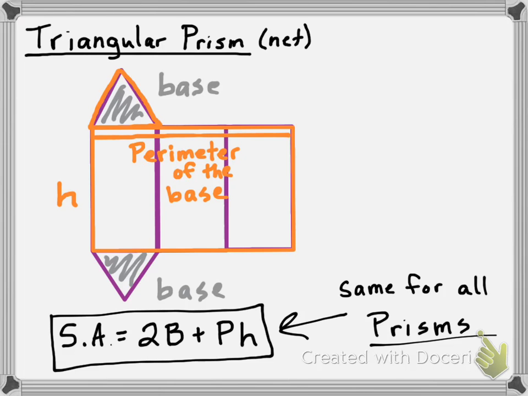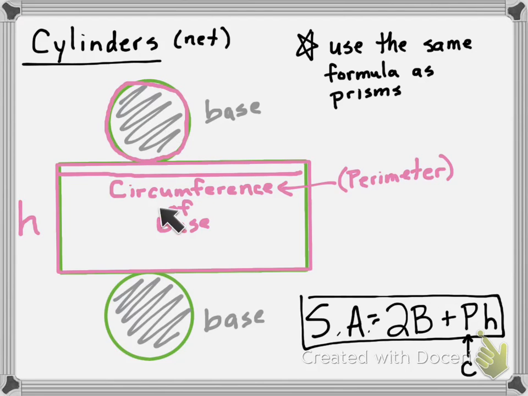If the base is a triangle, that's telling you to find the area of a triangle. If the base is a circle, then that means find the area of the circle. So it doesn't really matter which type of prism you have or cylinder. This formula works for all of them.